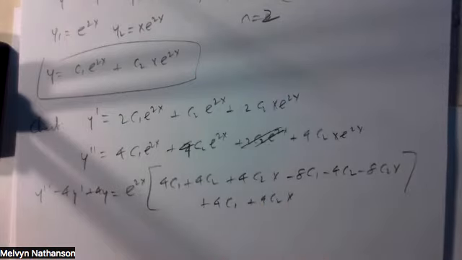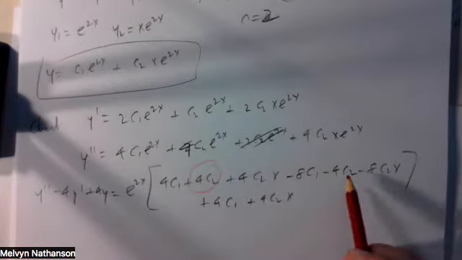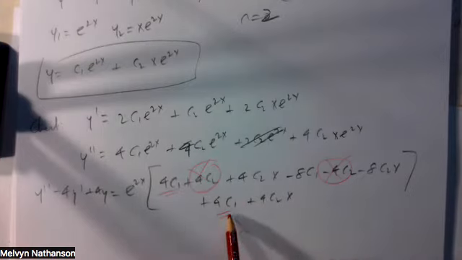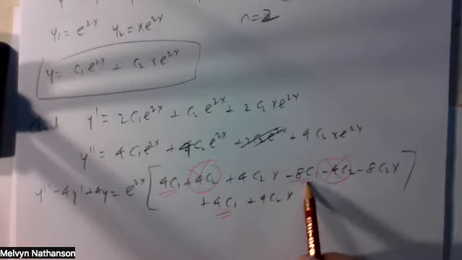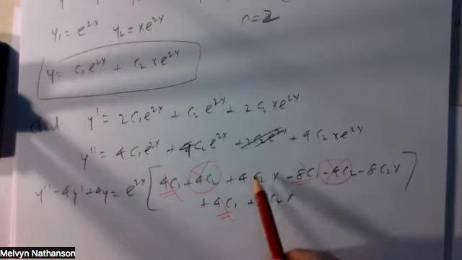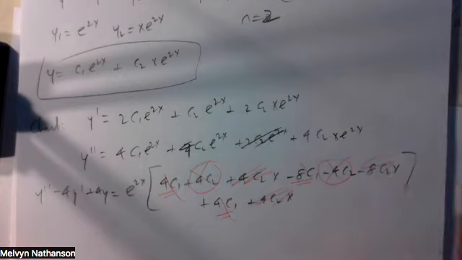What do I get? Let's see. I have 4c2 minus 4c2. They cancel. I have 4c1 plus 4c1, that's 8c1, minus 8c1, so they cancel. 4c2x plus 4c2x is 8c2x minus 8c2x, so they cancel.